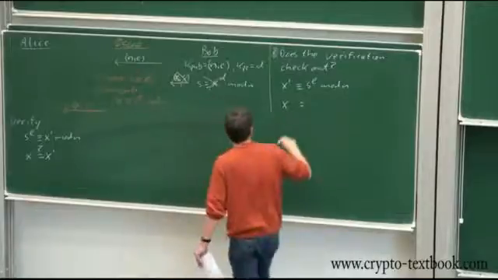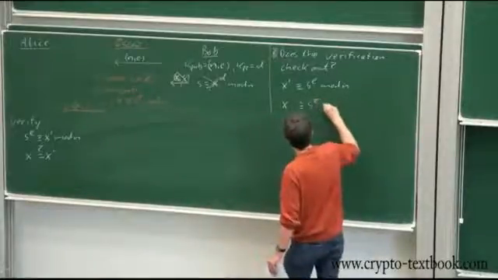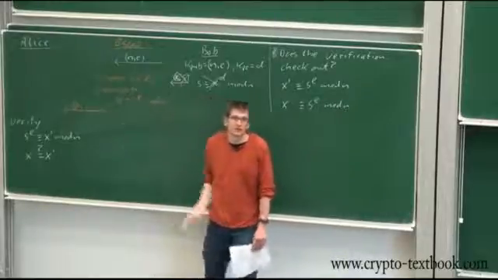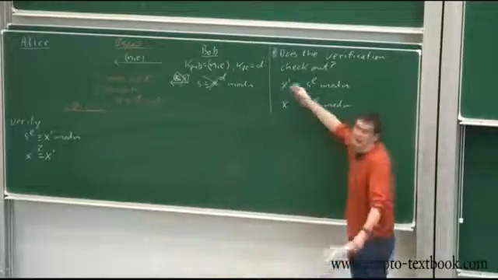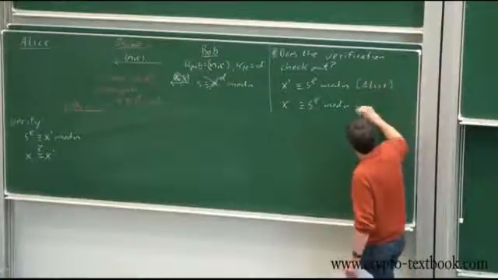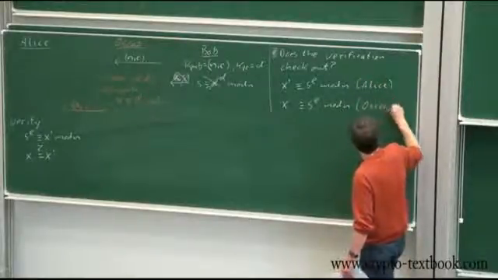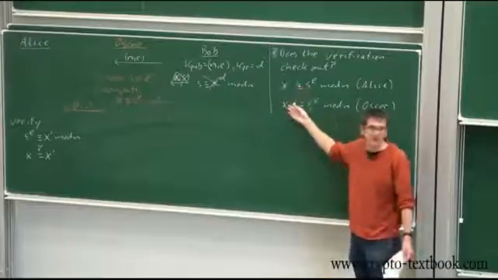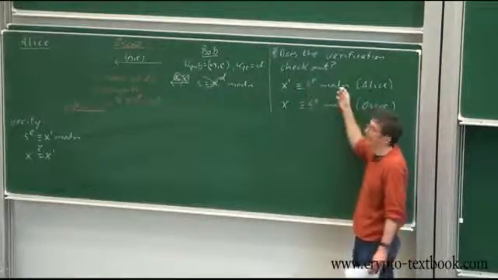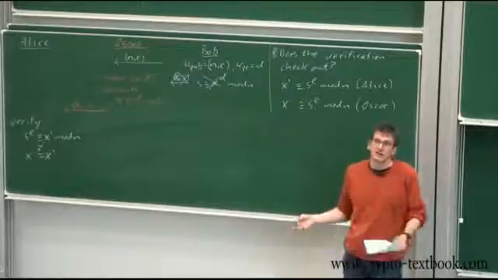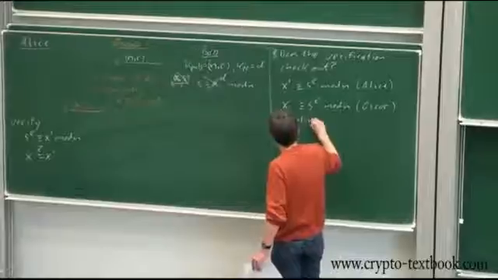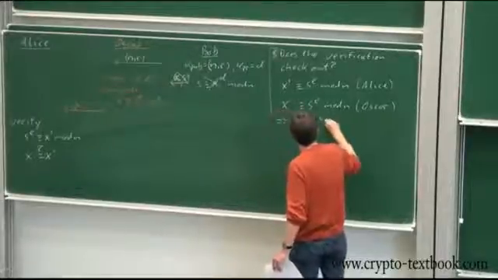X was computed by Oscar according to this formula. So this is the x prime that Alice computes, this is Alice, and this is Oscar. They compute the same thing. This S and this S are the same, this E and this E are the same, the two N's are the same. So this means this is a valid signature.